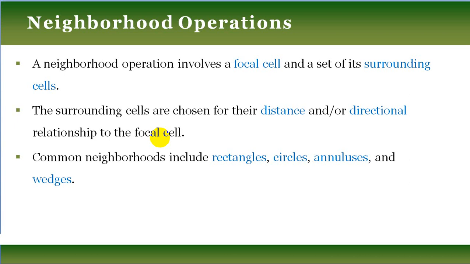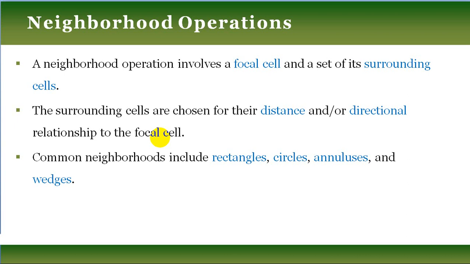Generally, the common types of neighborhood we use based on focal cells: for surrounding cells, we consider a rectangle, a circle, an annulus and a wedge.